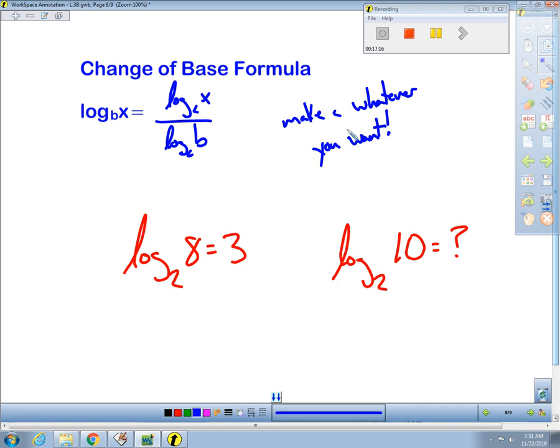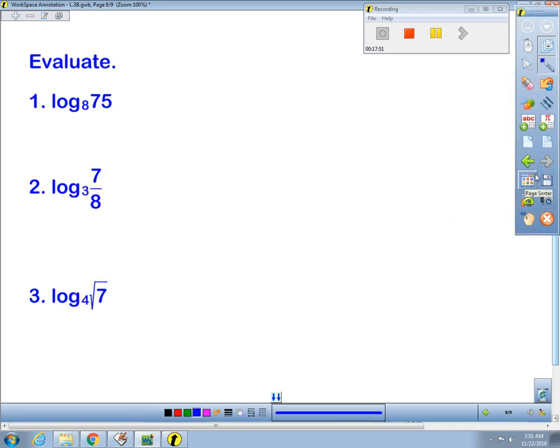So I might want to make my c equal to 10, because then I can use my calculator. Or, what other button do I have on my calculator? Well, right below the log button, I see ln, the natural log. So I might want to change the base to be e so I can use the natural log on my calculator. I'll show you how easy this is.